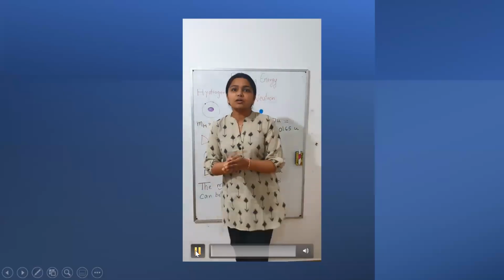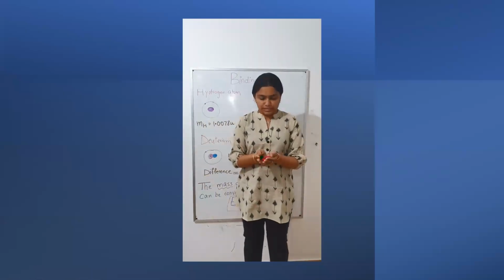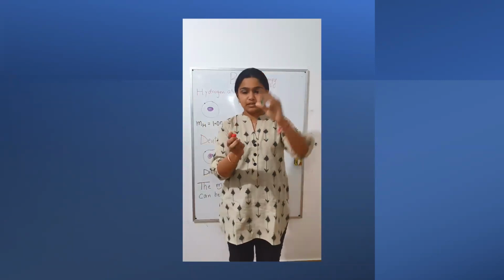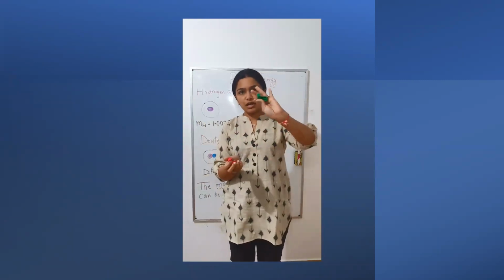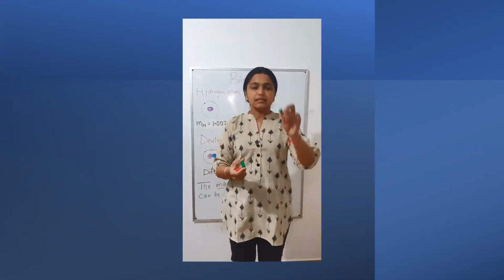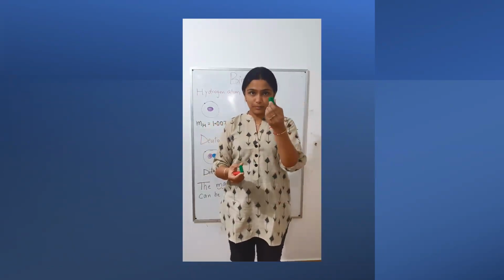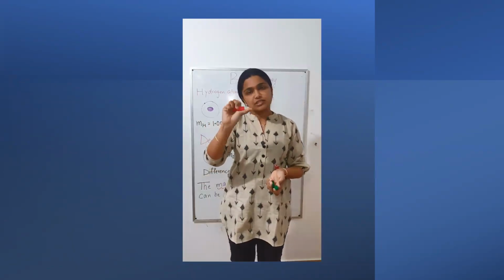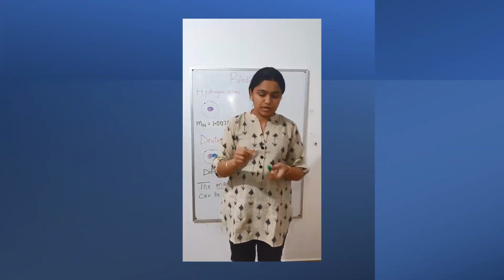This video is to talk about binding energy for a nucleus. Let's say I have 4 Lego pieces, out of which 2 are green and 2 are red. Let's say the green ones are 1 gram each, their mass, and for each red piece, the mass is 2 grams.